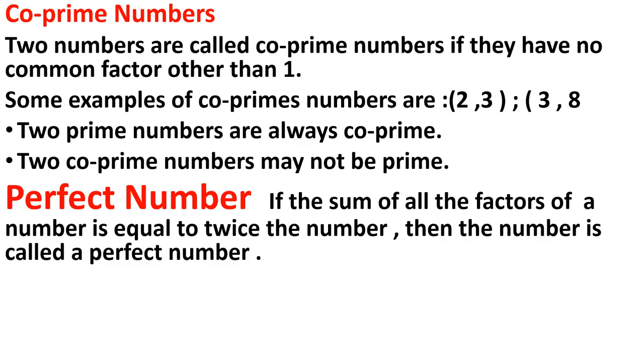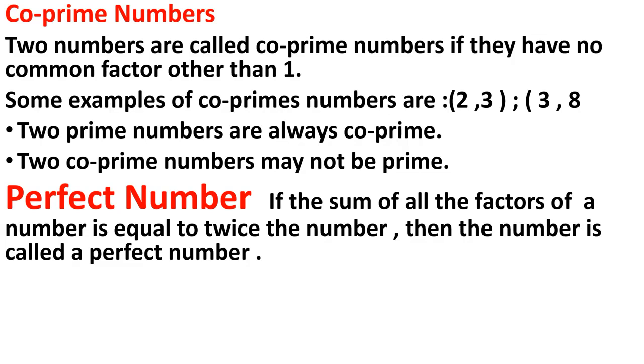If that sum is equal to twice the number, that is, 2 times that number, the number multiplied by 2, then the number is called a perfect number.